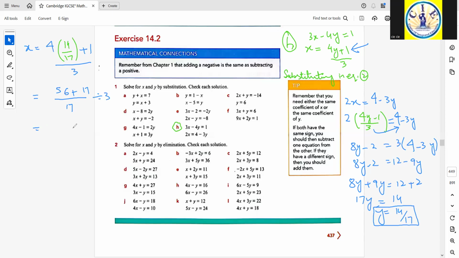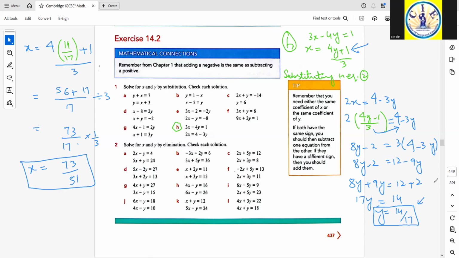So this will give me this, the value of variable x, and the value of the variable y is this one.